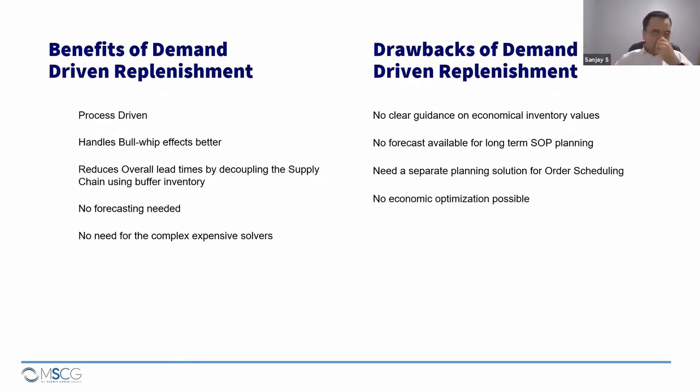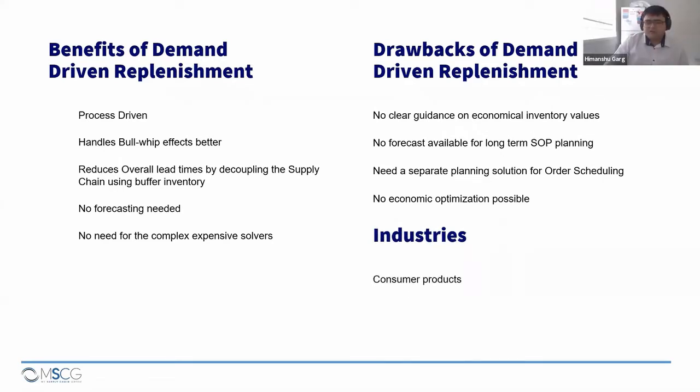So with this, right, Himanshu, the advantages and disadvantages, I'm trying to think what industries would it really be applicable to? What industries does this apply to? Yes, Sanjay, definitely. Let's talk about the industries. So the first industry is the consumer products industry. The consumer products industry, I think DDR is definitely relevant because of the high inventory turnover that we see in this industry per se.